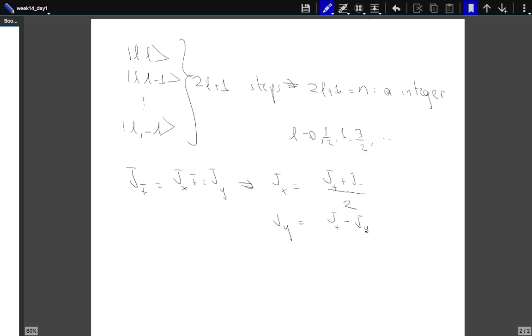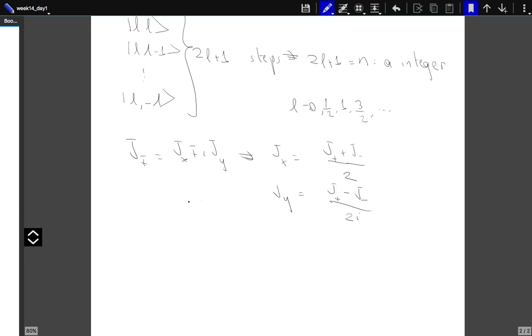And Jy is (J plus minus J minus) over 2i. So if we can write the matrix representation of J plus and J minus, then we can write the matrix representation of Jx and Jy. Well, let's see.